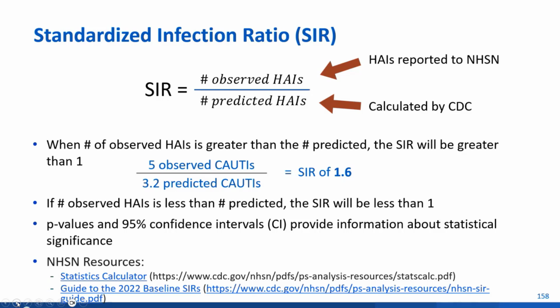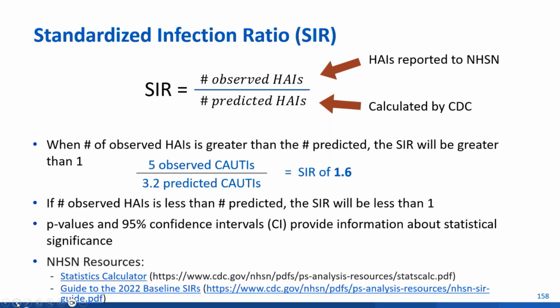This indicates a higher rate of events compared to similar facilities. Conversely, if the number of observed HAI events is less than the predicted number, then the SIR will be less than 1. And you have probably noticed that NHSN reports also include p-values and 95% confidence intervals alongside the SIR value.